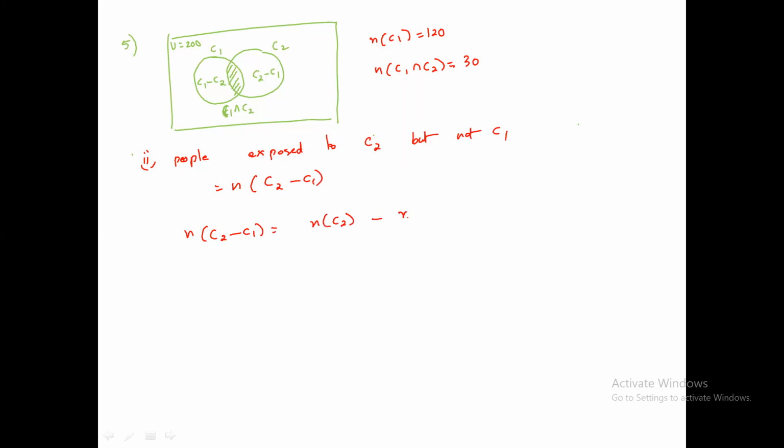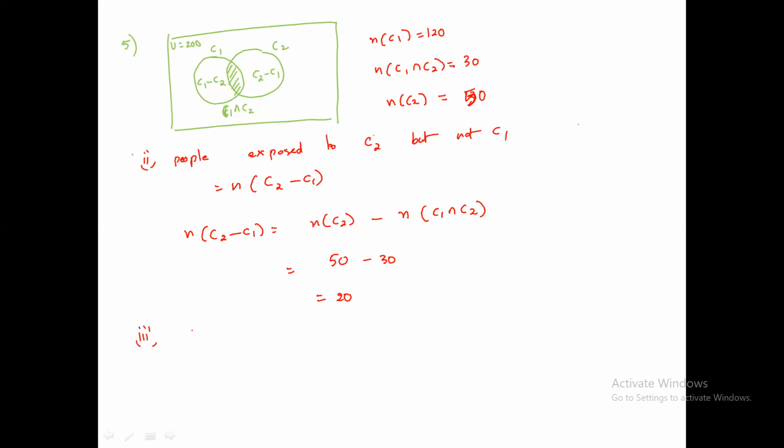From this you subtract n of C1 intersection C2. See the Venn diagram. They gave us n of C2, those who are infected by chemical C2. It is 50. So from 50 people, you subtract the 30 people, 20 will be the answer.